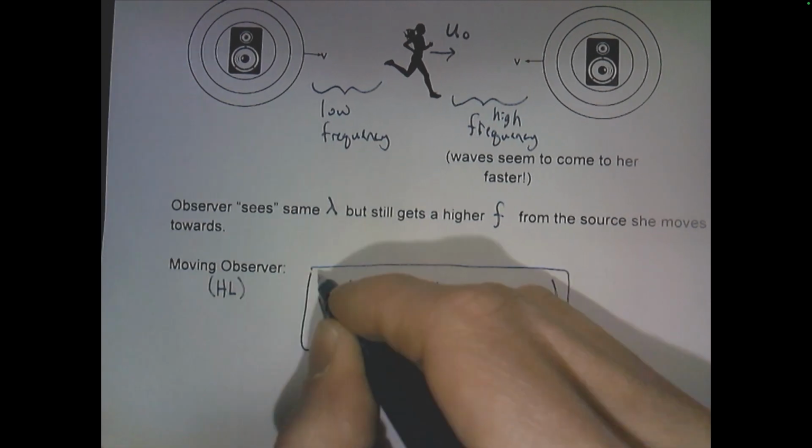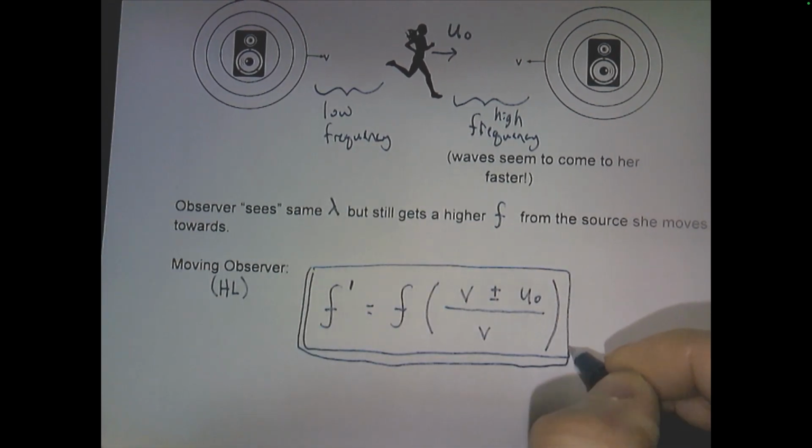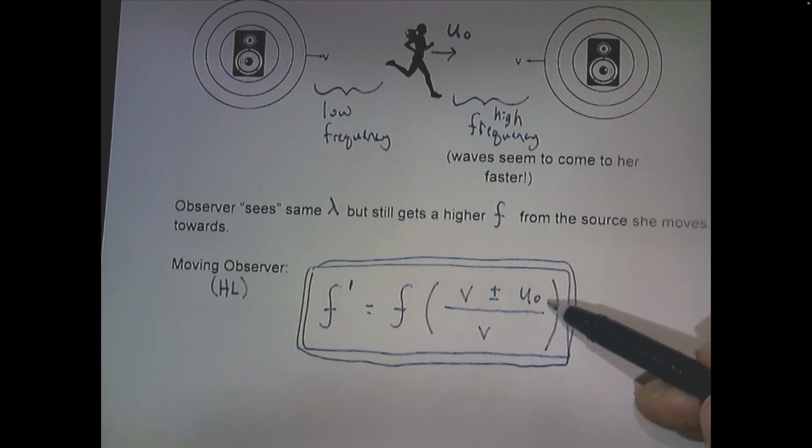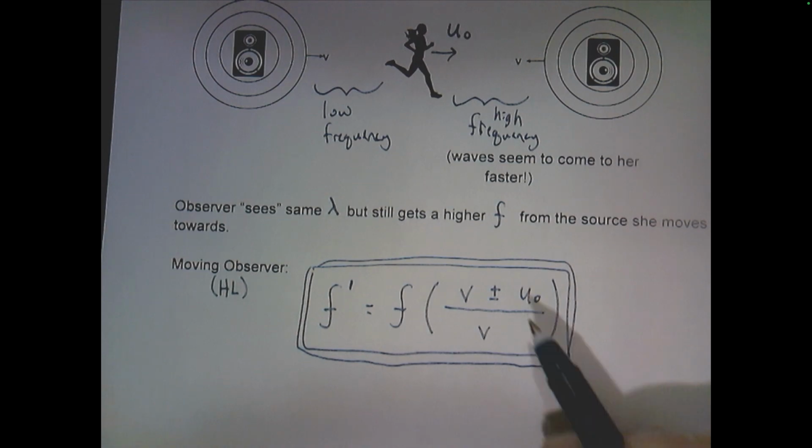On the IB data sheet, they don't designate what these different things are. But you have to recognize that if the observer is the one doing the moving, then you're dealing with the UO, and if the source is moving, it's the US. And again, you have to pick whether it's a plus or minus, whether it's making the frequency higher or lower.